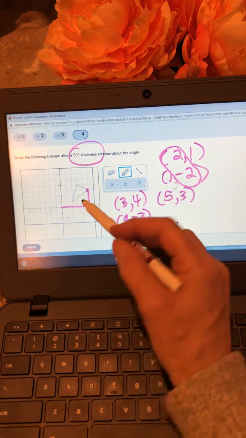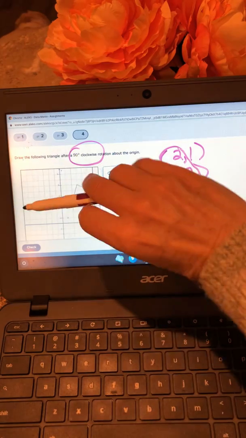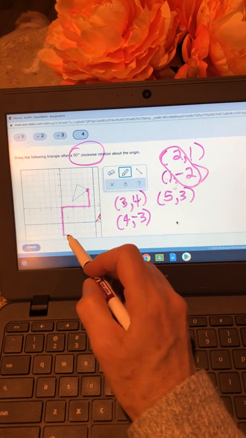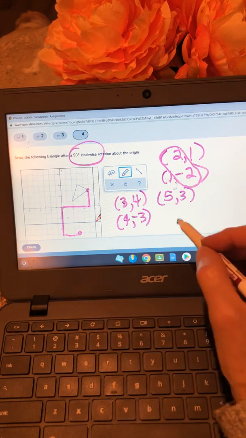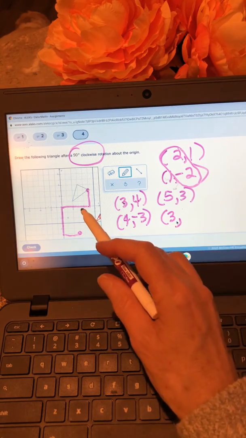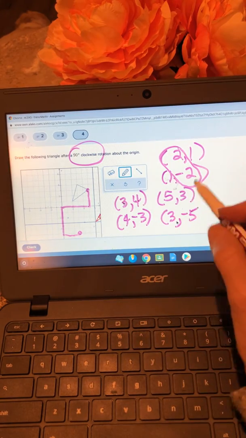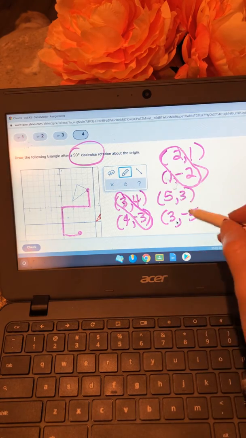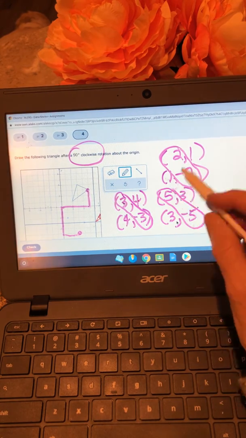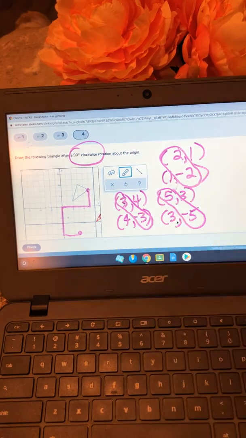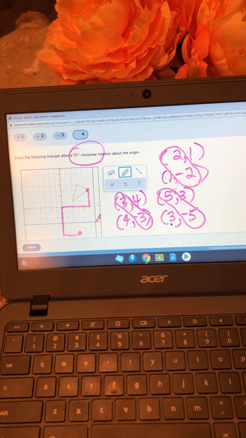Now, if you rotate it down, this line will be here. Down 5 and to the right 3. I'm over to the right 3, and I'm going down to -5. I forgot to circle over there, and I'm gonna circle this, and look at the pattern, the same for all 3 points. I flipped the numbers and I changed the X to the opposite. That's what you do. And I put the point there, okay?